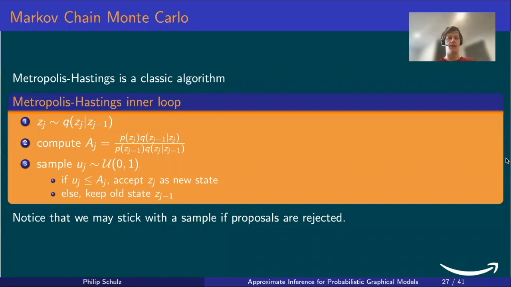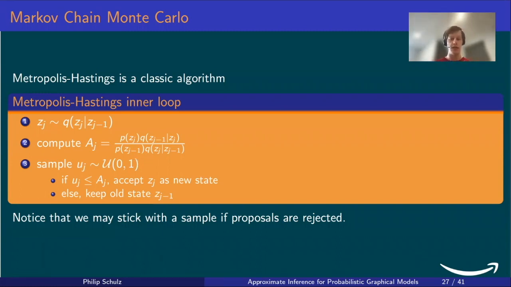And there's a classic algorithm called the Metropolis-Hastings algorithm that accomplishes exactly that. So that allows us to define a Markov chain and then move from sample to sample. And its ingredients are basically as follows. At each point, we draw a new sample from the conditional distribution that conditions on a previous sample, and then compute an acceptance threshold, where I don't really want to go into the details of the acceptance threshold at the moment.